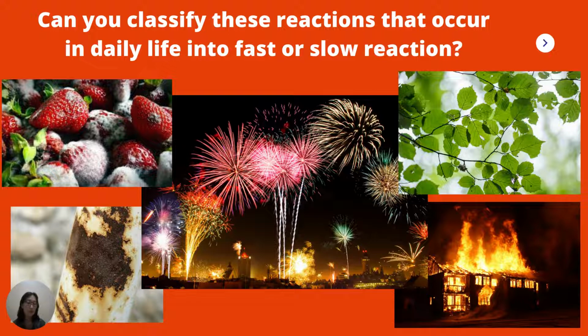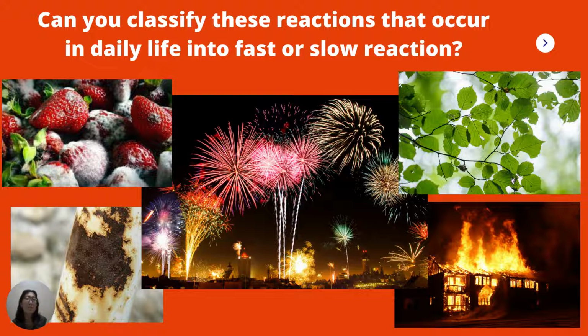If you refer to the process of food decay, here is a photo showing strawberry decaying. This is considered a slow reaction because it takes several days to happen. So are the rusting process and the photosynthesis process. All these three processes are slow reactions because they may take several days or hours or more to happen.